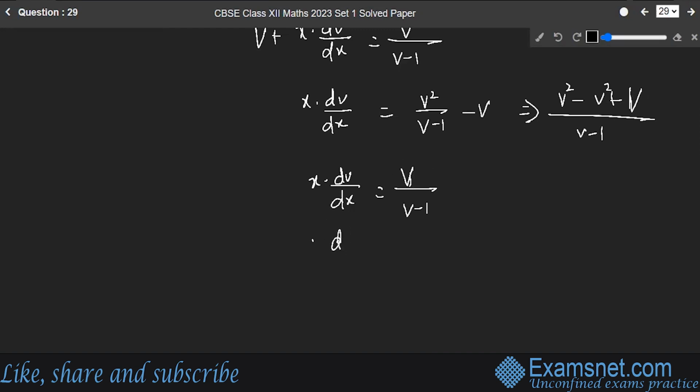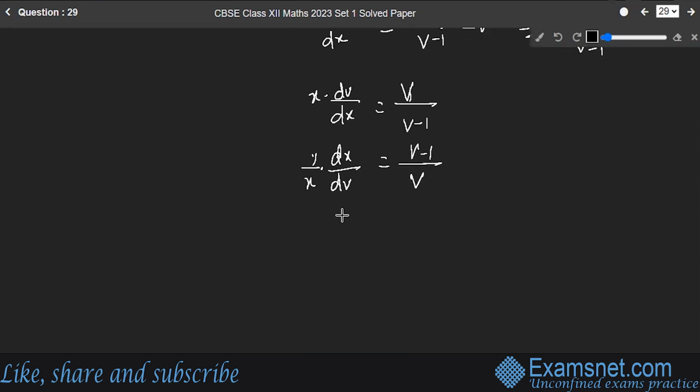So now dx upon dv can be written as v minus 1 upon v into 1 by x, right? Reciprocating both the sides, I'll take 1 by x into dx is equal to v minus 1 upon v into dv. Let's integrate on both the sides now.